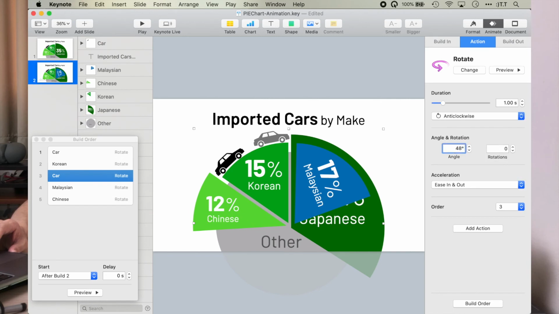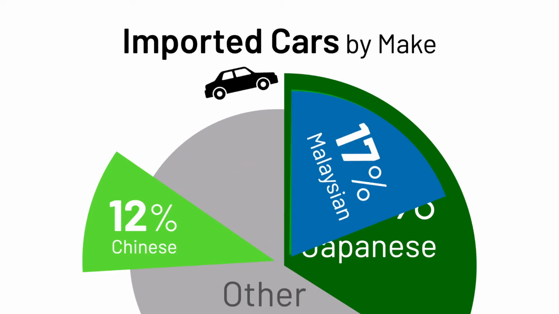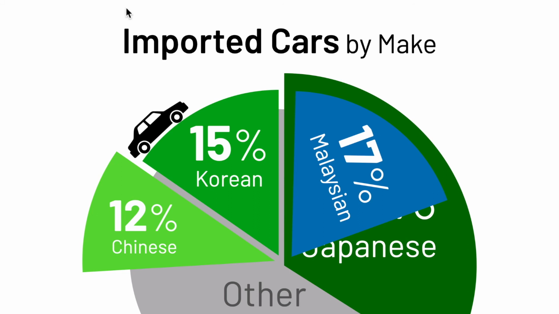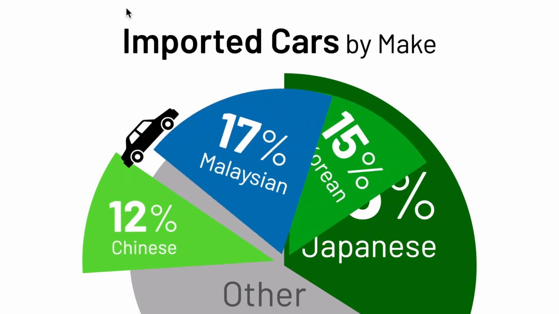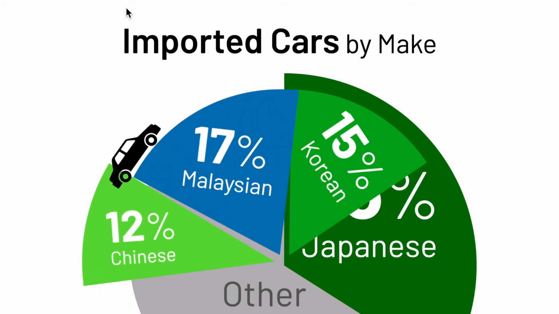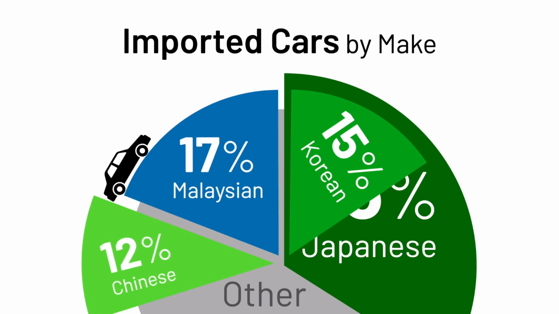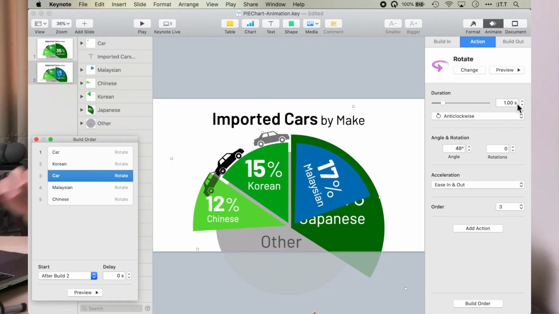That should work. Let's play the animation again. See that? The car seems to be moving too fast. We need to slow it down a little. Let's adjust the duration of the car animation to 1.15 of a second.